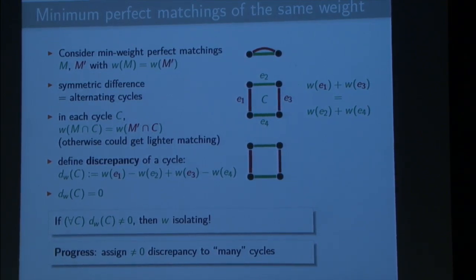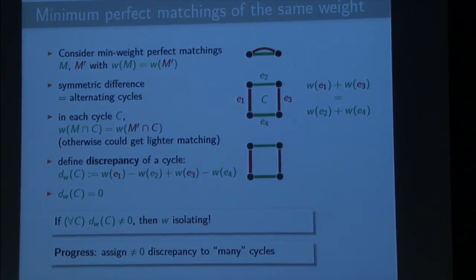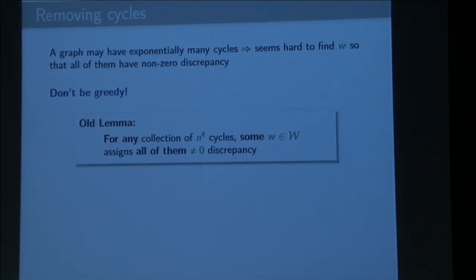A graph may have exponentially many cycles, so this seems like a tough goal, but maybe we should be less greedy. But because of the way we selected the weight functions, there is an old lemma that is not too hard to prove: for any collection of n to the power 4 cycles, some weight function in our family will assign non-zero discrepancy to all of them.